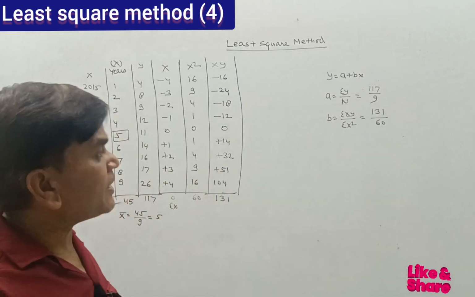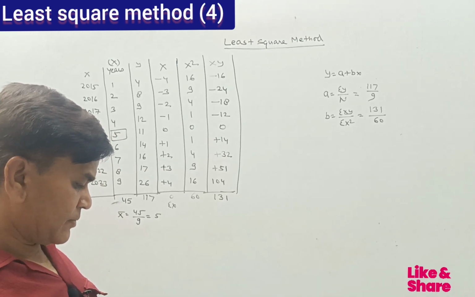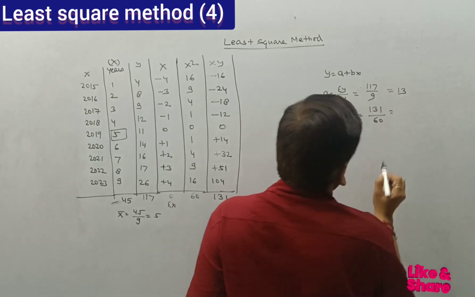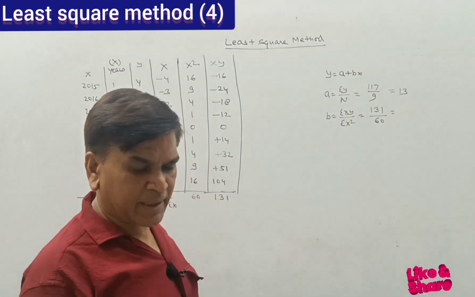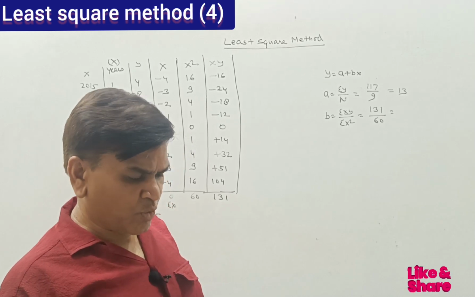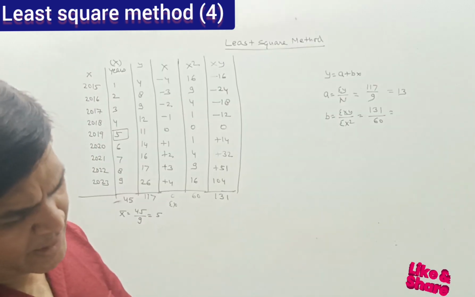So 117 divided by 9 is 13, and 131 divided by 60 is 2.183.